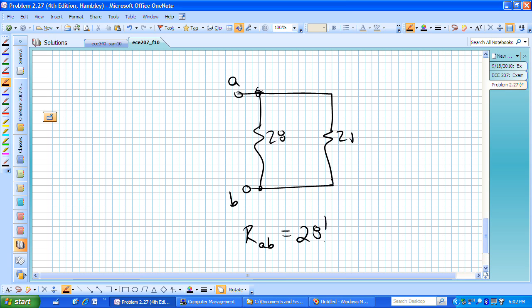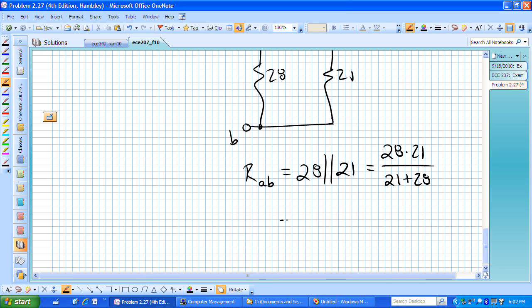That's 28 in parallel with 21, which is 28 times 21 over the sum of those, which looks ugly to begin with, but it's 4 times 7 and 3 times 7, all over 49, which is 7 times 7. Those 7s all cancel, and I'm left then with 12 ohms for the equivalent resistor.